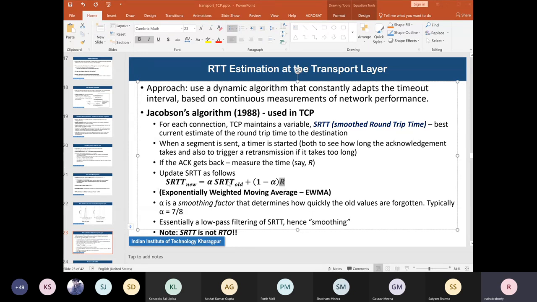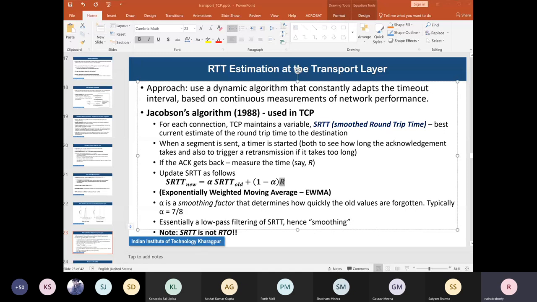So SRTT 0 is 0, SRTT 1 is (1 minus alpha) R, SRTT 2 will be alpha times SRTT 1 plus (1 minus alpha) times R1 or R2, whatever. In this way, you will find that the importance of the old measured values of R in the overall calculation of the new sum decreases.